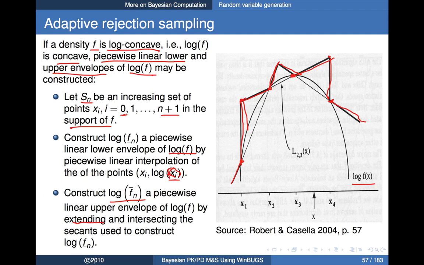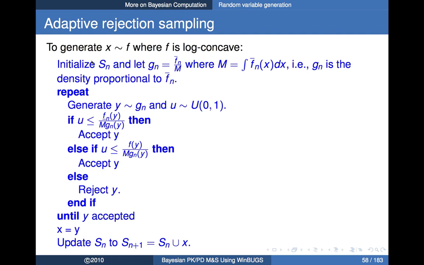So we're going to be working with those: an upper envelope, our log f over bar n, and a lower envelope, log f underscore n. That's what we're going to be working with in order to construct this adaptive rejection thing. Right now we've just defined the pieces of it. So now let's see how we construct an algorithm around that.